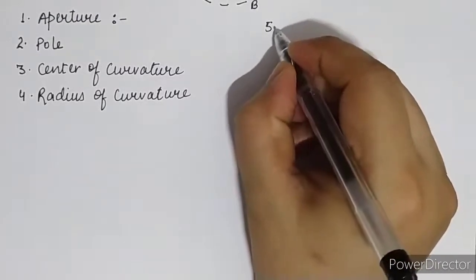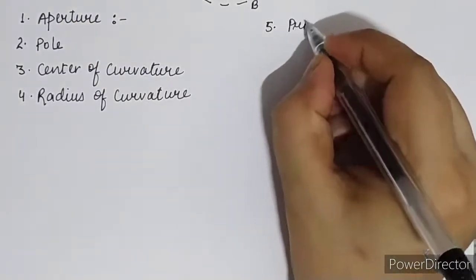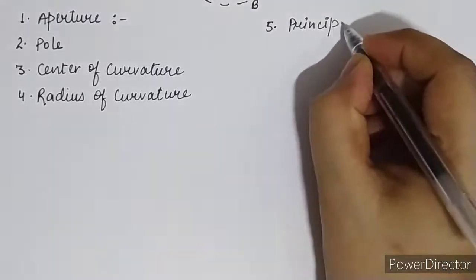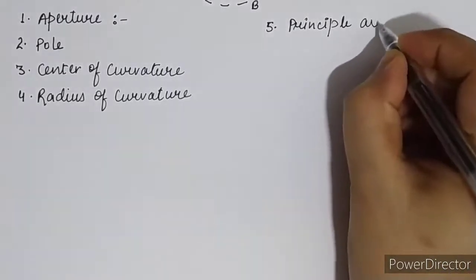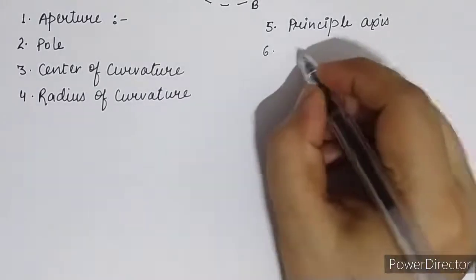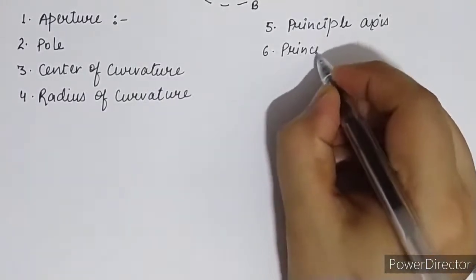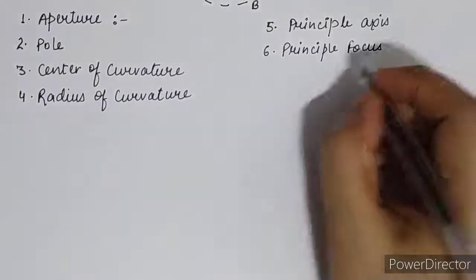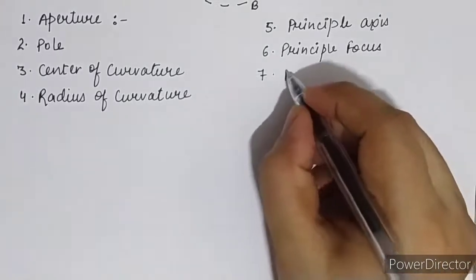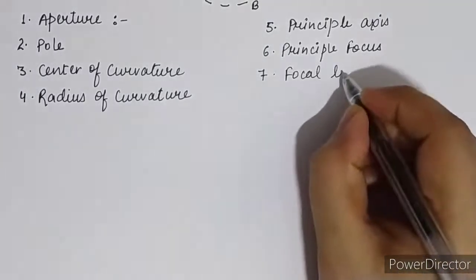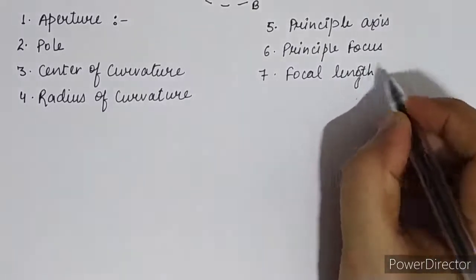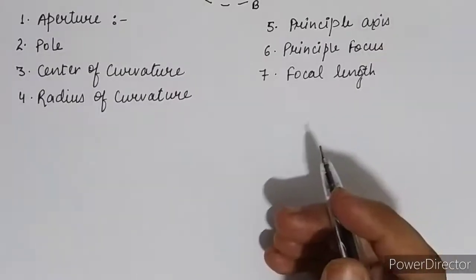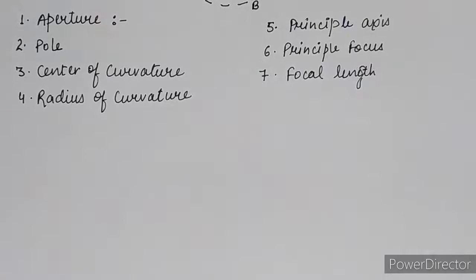Fifth is your principal axis. Then sixth one is the principal focus. You may even write it as focus point, focal point. Seventh one is your focal length. Clear? Okay, so these are the 7 points, and you have to write the definition of each and every point, beta. Okay, I have explained all the definitions.